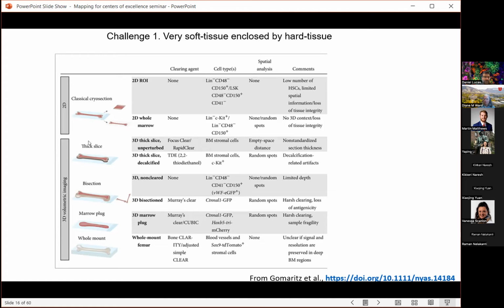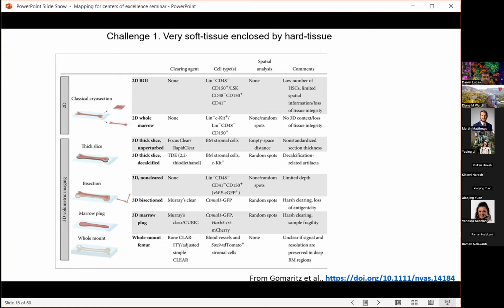Other things that people have tried to do is essentially freeze your bone and then shave the surface very carefully to expose the marrow. But this also has problems of fixation. Another approach that people have tried has been harvesting the bone, bisecting the bone in two, and then performing imaging, or flushing the marrow with a needle to get what we call a marrow plug, and try to keep this more or less in place to allow imaging.